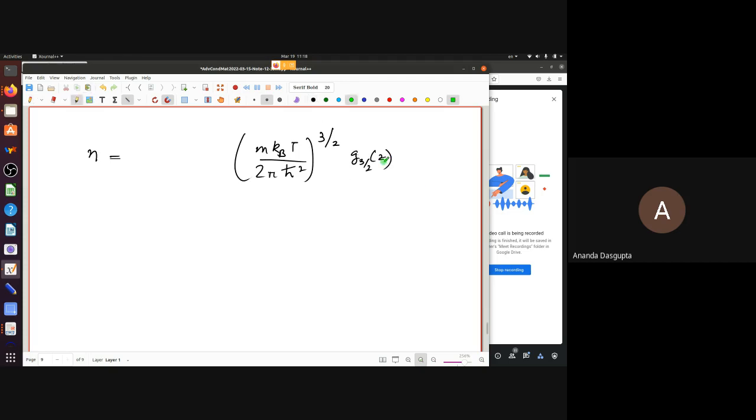But now the maximum value this could have, you have to replace this by 2.612. But once temperature falls below Tc, this number is too small for n. Where are the rest? The rest are in n0, the number of particles per unit volume, of course, that are there in the ground state.